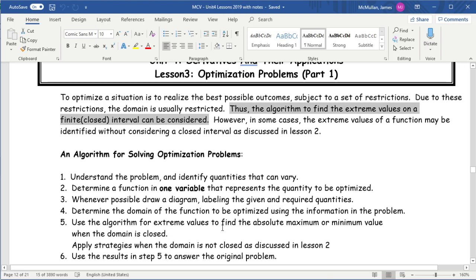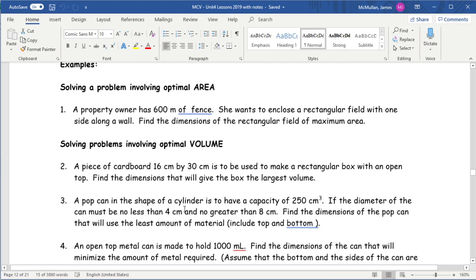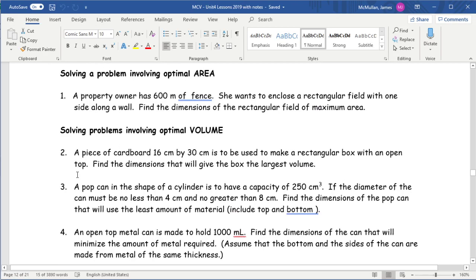Now, the way these ones work, for example, if you're trying to create a cylinder, let's just go down to the cylinder question for a sec. It says a pop can in the shape of a cylinder is supposed to be such and such. If I asked you to find the dimensions of a pop can that will use the least amount of material, but I don't specify that the pop can has to have a certain volume, then you would just say it should be infinitely small.